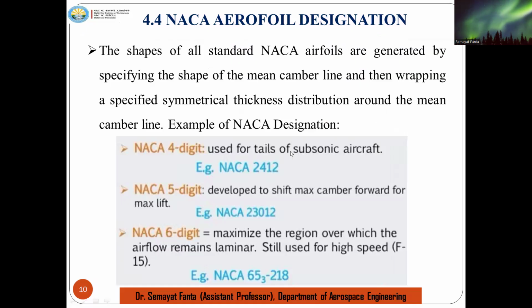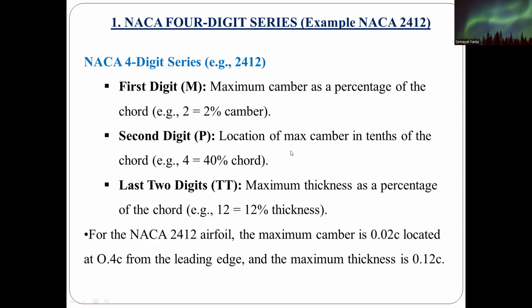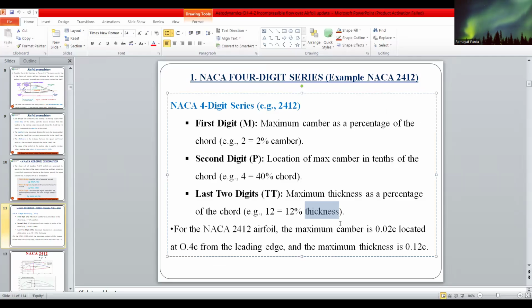The last 2 digits, that is 12, indicate the maximum thickness as a percentage of the chord. 12% of the chord gives us the maximum thickness. It is not 12% thickness, but 12% of the chord C, let me correct that.